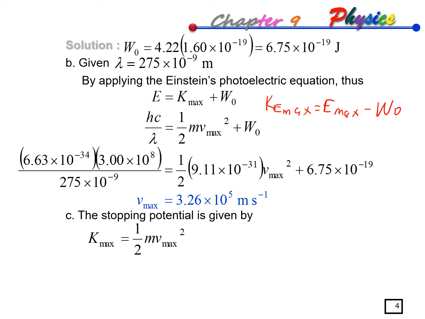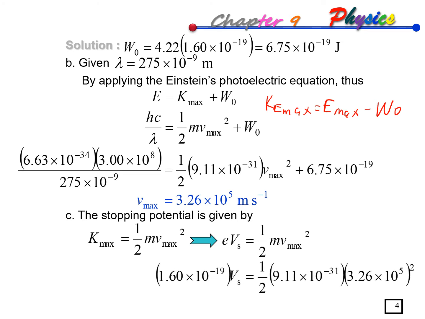Since we already have the value of velocity, we can determine the equation to determine the value. Once you have the value, we can find the value of stopping potential over here, which will be equivalent to eV. So the final answer which you end up with is 0.303.